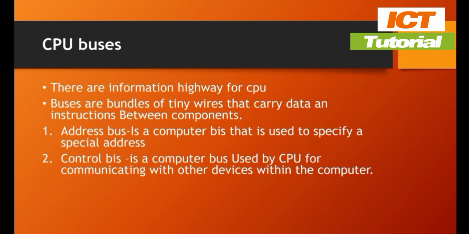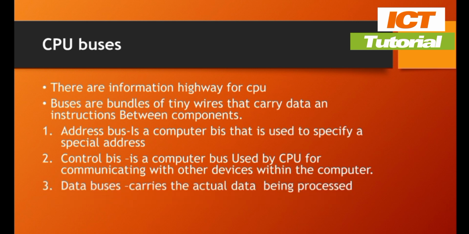Then we have the data bus, which carries the actual data being processed. If you hear of a bus, it's like a means of transport. Inside the computer, we have a means of carrying data, those figures that are being processed. They are carried by use of buses, the actual data being processed.